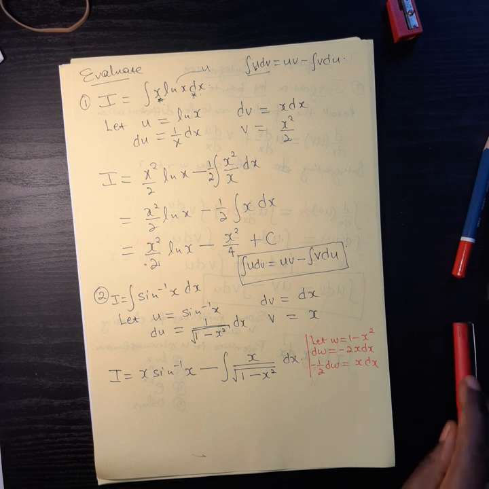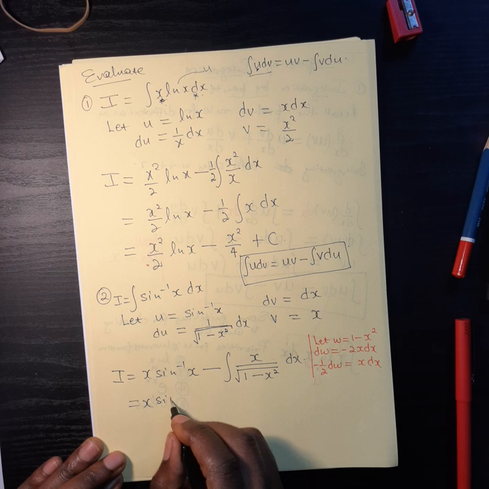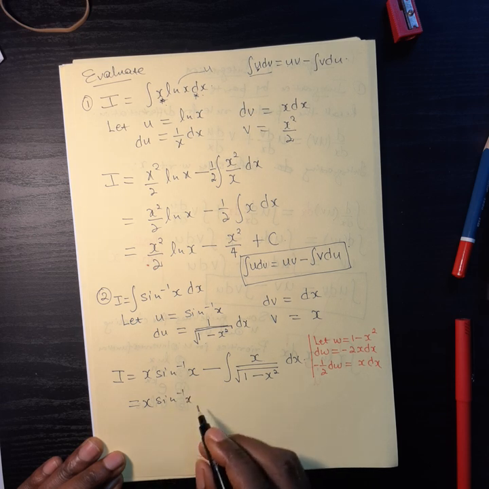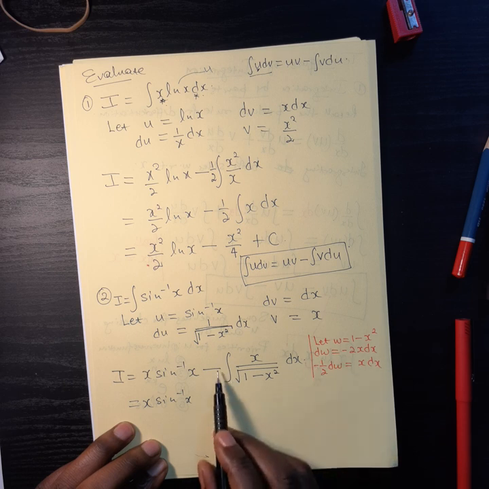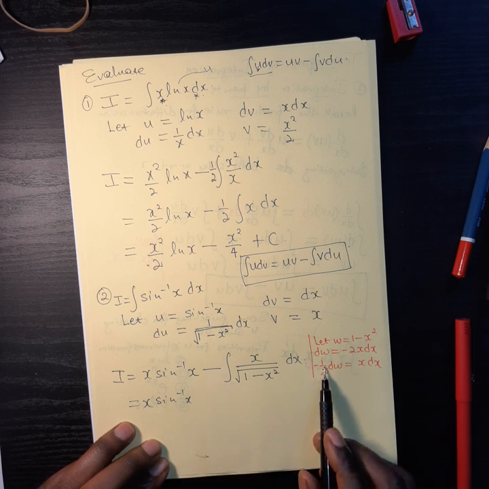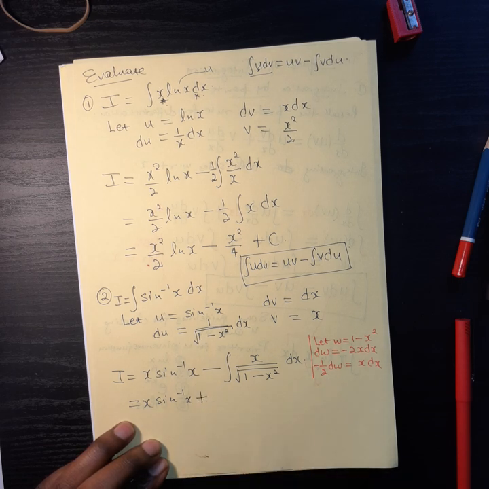So in that case, we will have x arc sine of x. We have minus, this minus. Now we are bringing this. So we have got minus times minus, which will be plus.